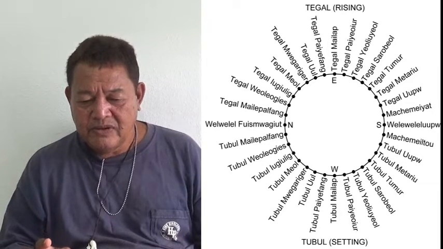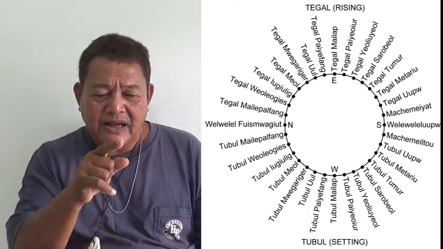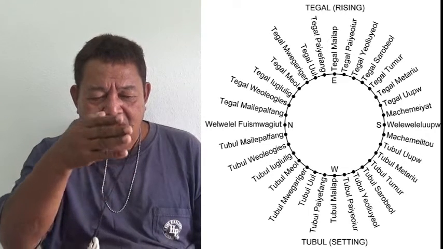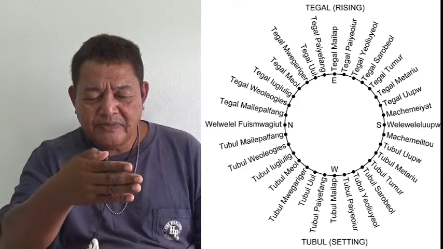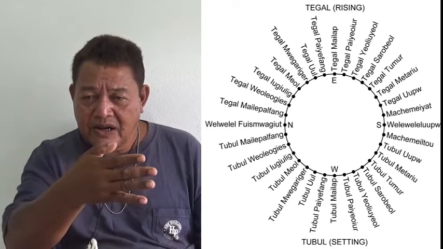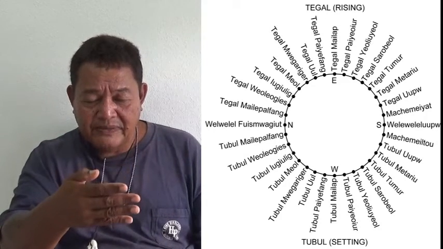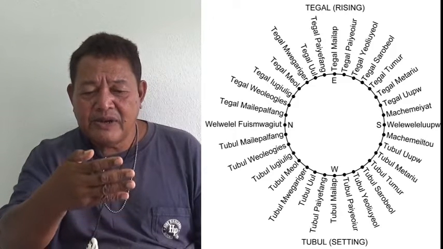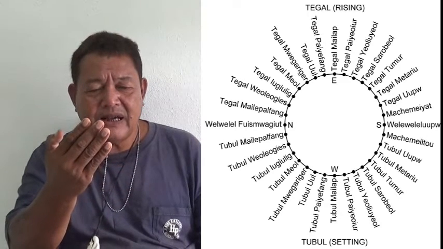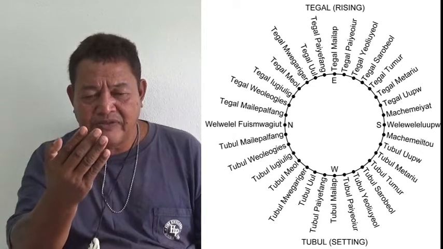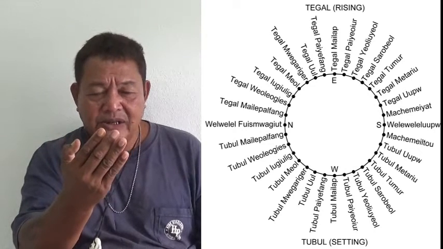Tagalog, it's the Southern Cross straight on top of the water when you look at it. And then Machmeya, it's the Southern Cross 45 degrees leaning to the east.